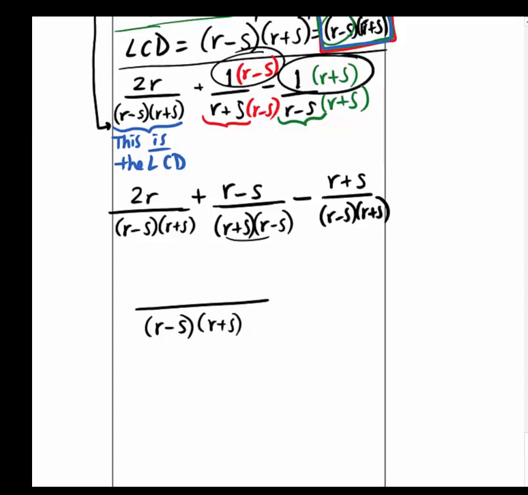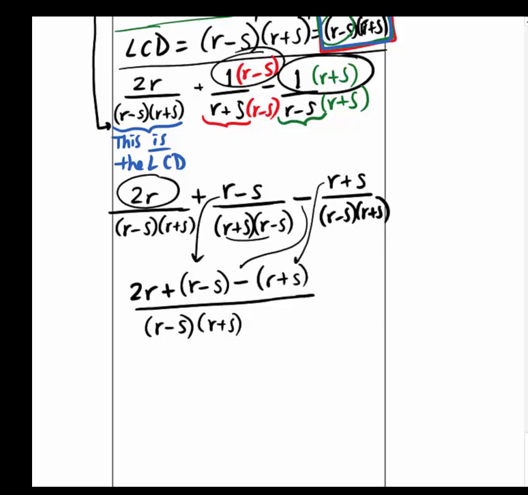Alright, so I'm going to be careful here. The first numerator is 2r plus the second numerator, I'm going to write in parentheses just to be safe. And then you're subtracting, this minus sign here, the third numerator, r plus s. And I'm putting that in parentheses because I'm afraid that I might forget that this minus sign here is meant for this entire numerator.